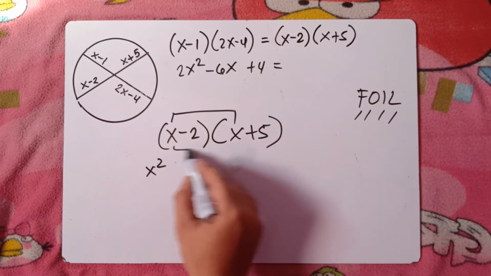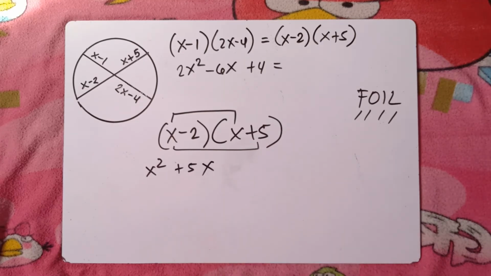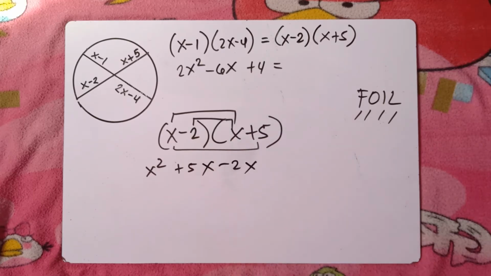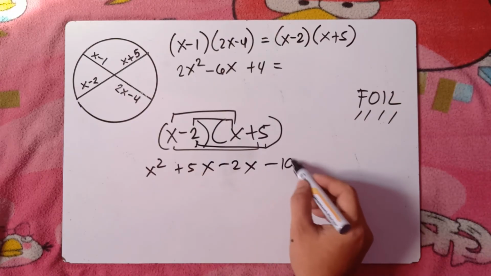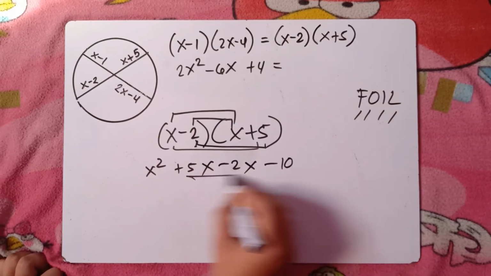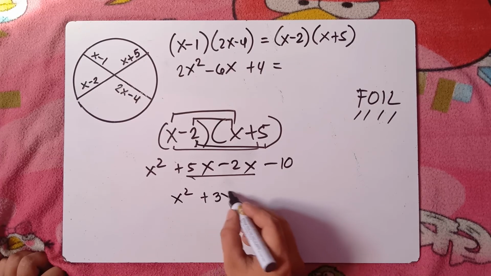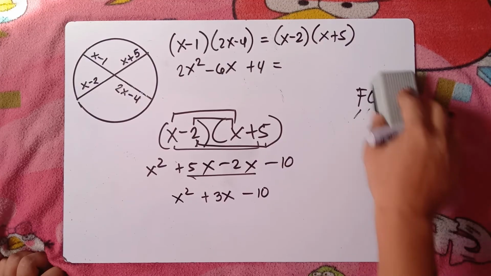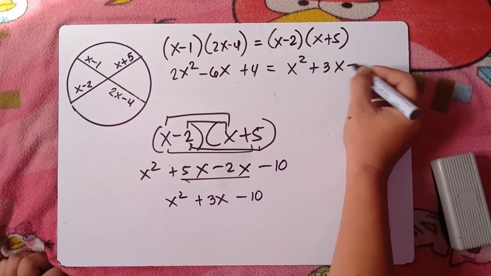Outer, x times positive 5, that's positive 5x. Inner, negative 2 times x, that's negative 2x. Last, negative 2 times positive 5, that's negative 10. Combine like terms, this is x squared plus 3x minus 10.